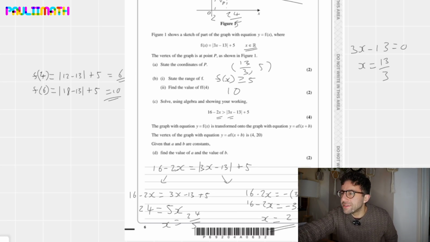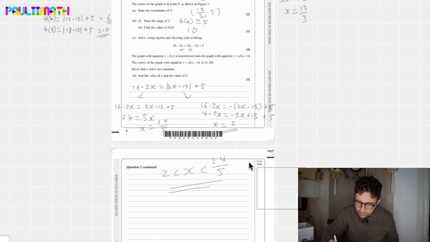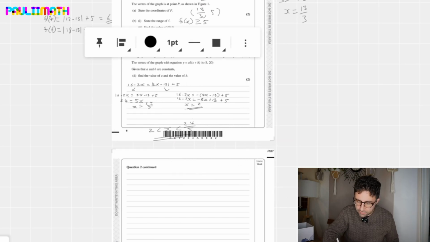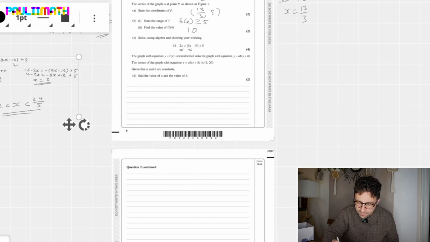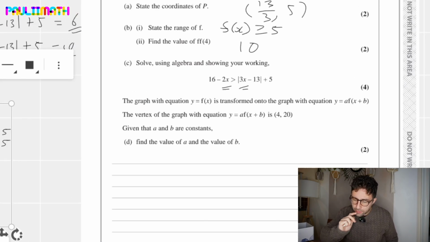Okay, we've got part D to come as well. Let's use that little skinny section again for part D. Transformation. We're moving this graph onto another graph that's got a times f of x plus b.